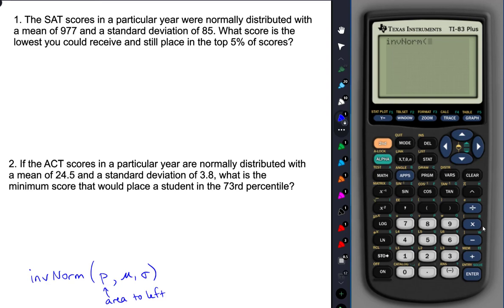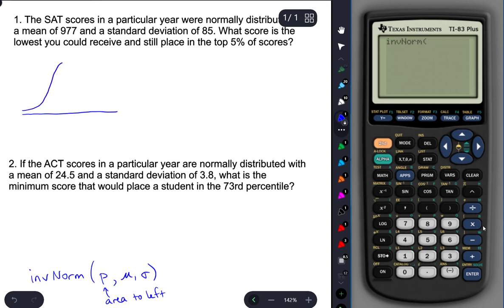So number 1, the SAT scores in a particular year were normally distributed with a mean of 977 and a standard deviation of 85. What score is the lowest you could receive and still place in the top 5% of scores? Well, to answer this, it's always a good idea when you know that you're working with normally distributed data to go ahead and sketch yourself a normal distribution.